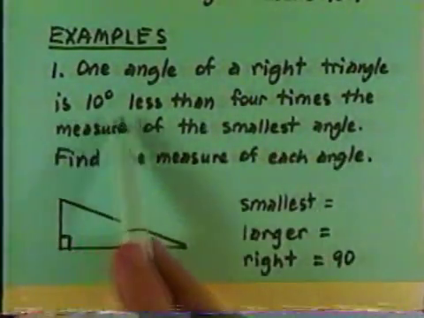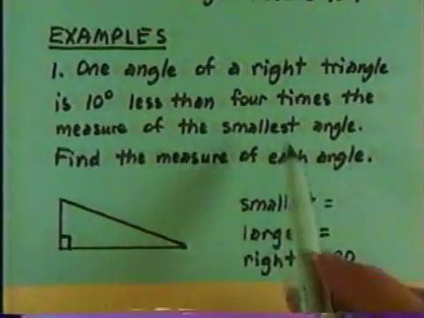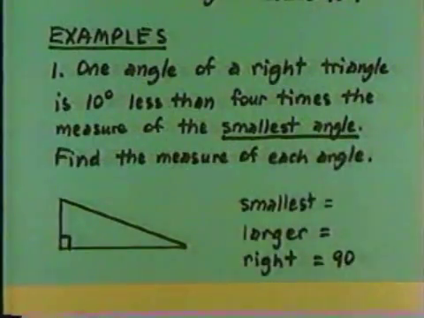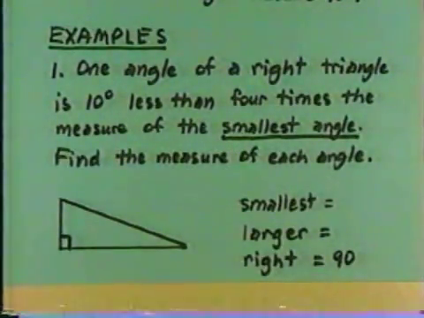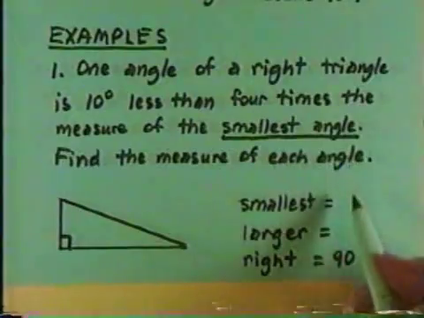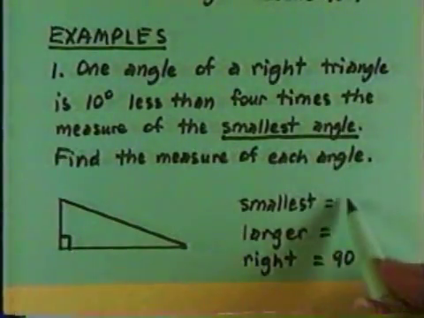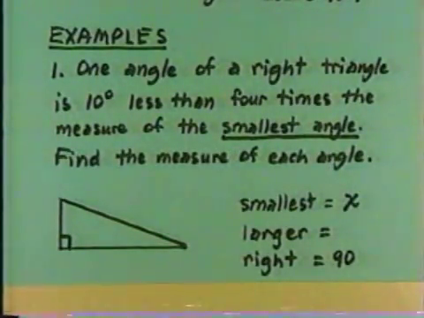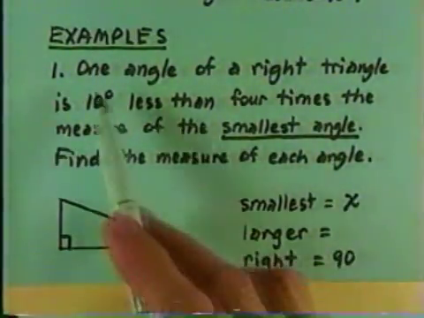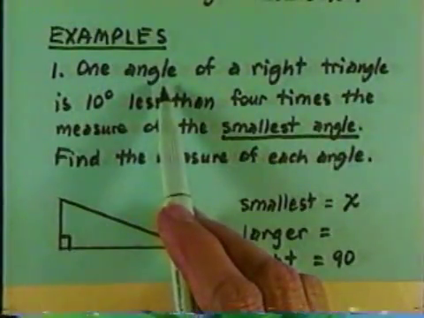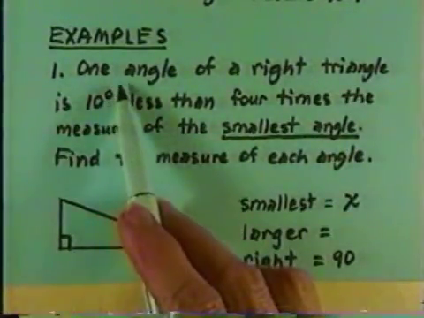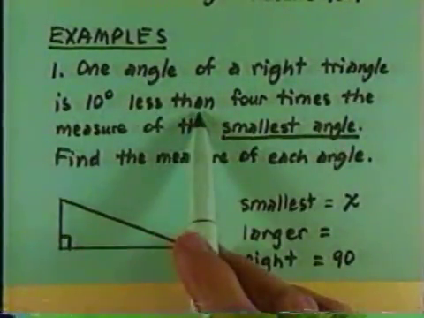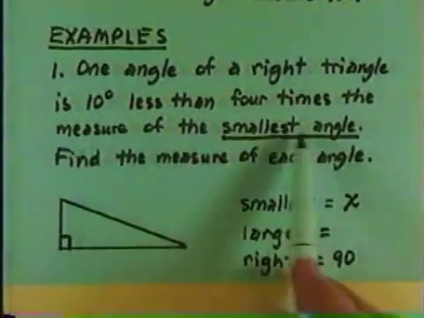One angle of a right triangle is 10 degrees less than 4 times the measure of the smallest angle. That means the smallest angle is the angle upon which we'll base our work. So the smallest angle we'll call by the single letter, let's use our favorite, x. The angle that's mentioned at the beginning of this problem says 10 degrees less than 4 times the smallest angle.